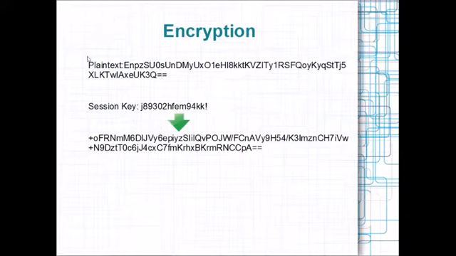This is our compressed plaintext from step two, and this is the session key that we just generated. Using an online AES tool, I came up with this as our ciphertext. This is one of the two things Bob is going to be sending over the network to Alice.